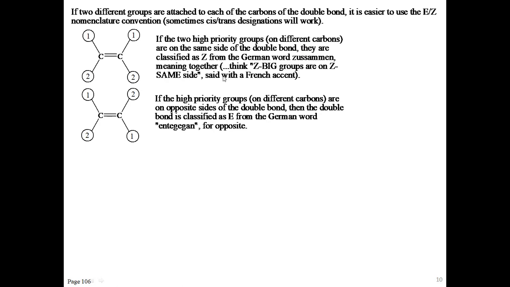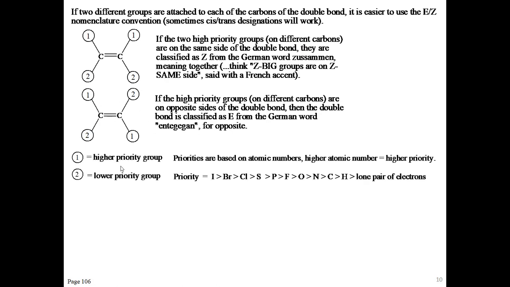Okay, si vous parlez français, if you know a little French. Okay, Z big groups are on Z same side. That works pretty well for me. I think once you learn that, then you just remember the other one is where they're opposite. So the other one, if the high priority groups are on opposite sides, we use the German word entgegen for opposite. Okay, so you'll have to be able to classify these priorities.